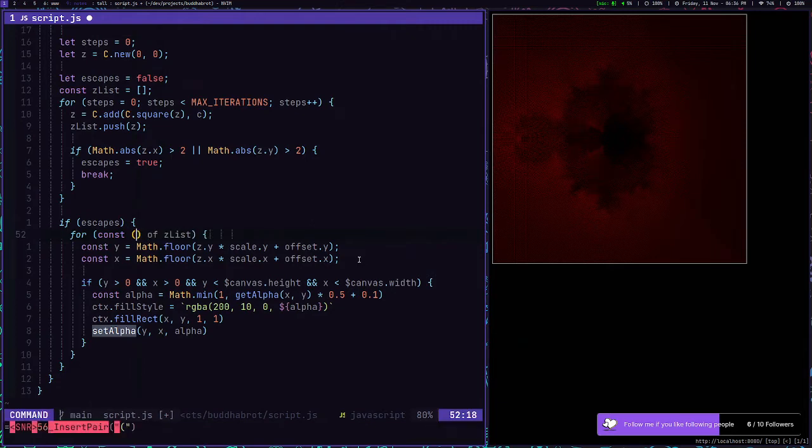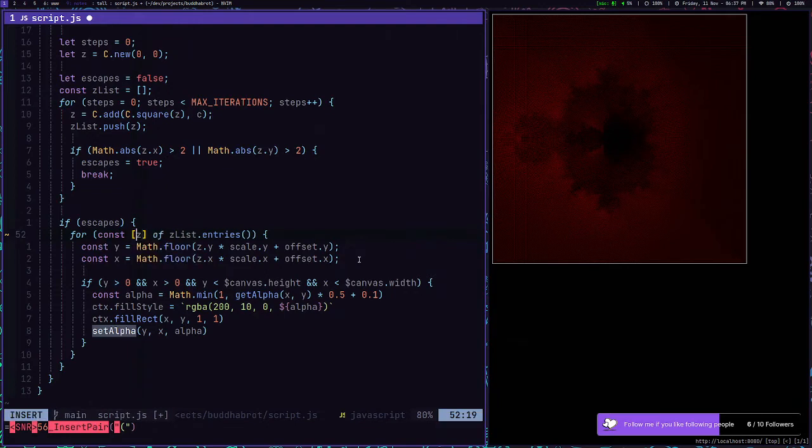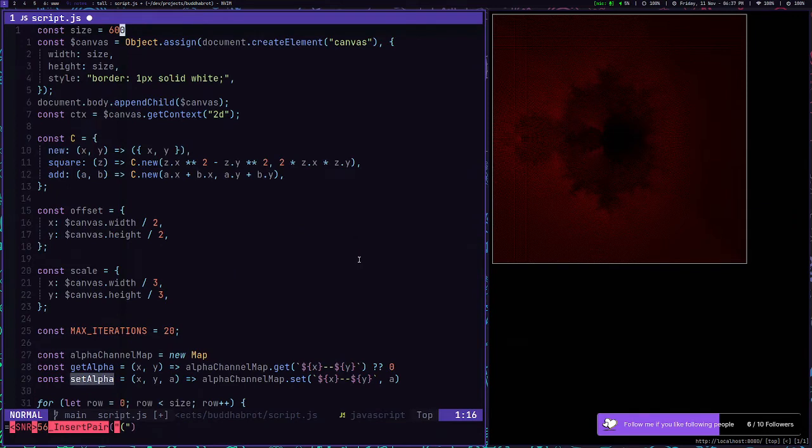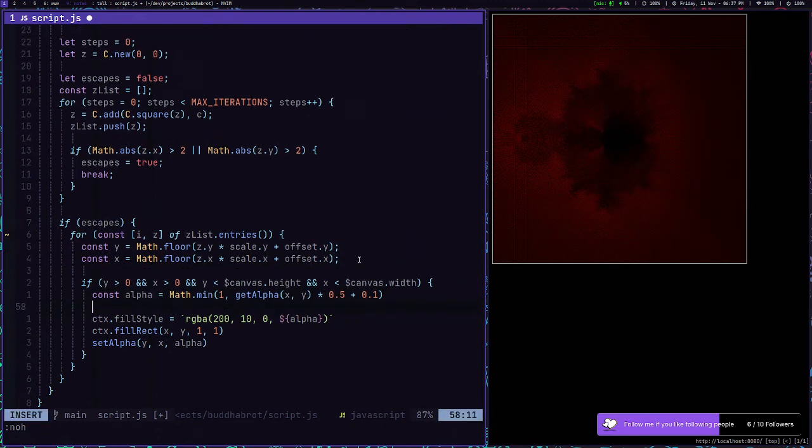Isn't there a way to do this? Oh, dot entries, right? Yep, dot entries. We can destructure it to I comma Z. Okay. Oh shit, where am I? I comma Z, and we can use I to set the color.